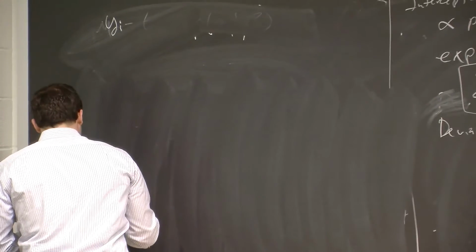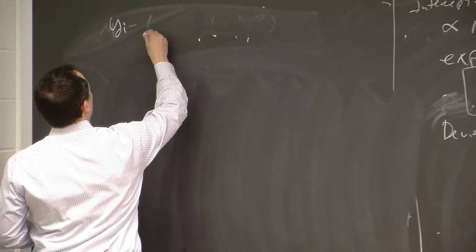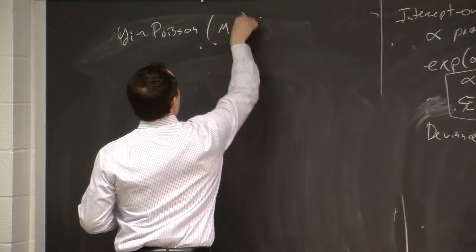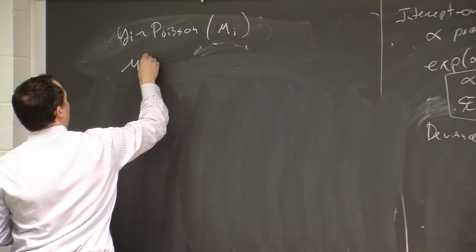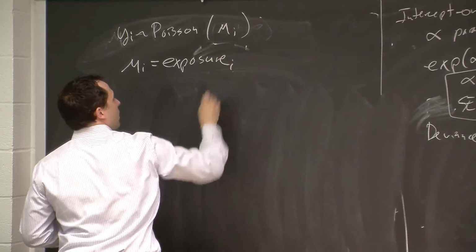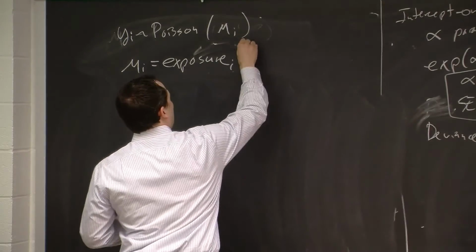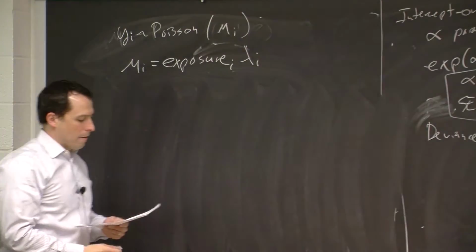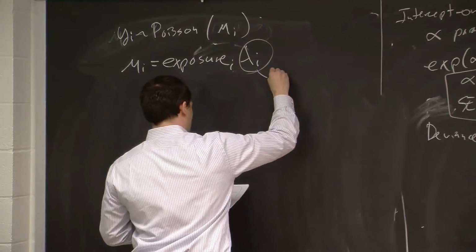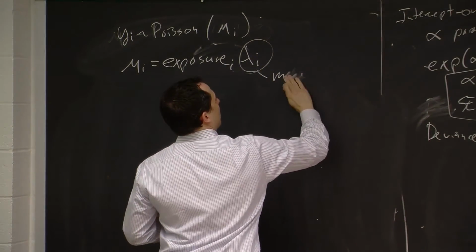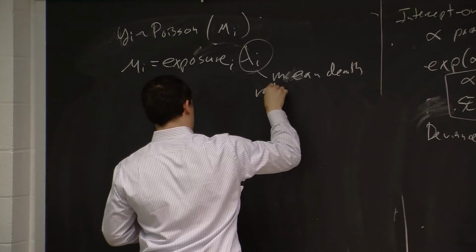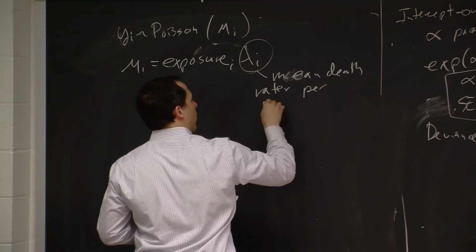So the number of deaths in cell i, we think is Poisson(mu_i), and mu_i is equal to the exposure in cell i, the number of months, times some rate lambda_i. So this thing has the interpretation now of the mean death rate per patient month.